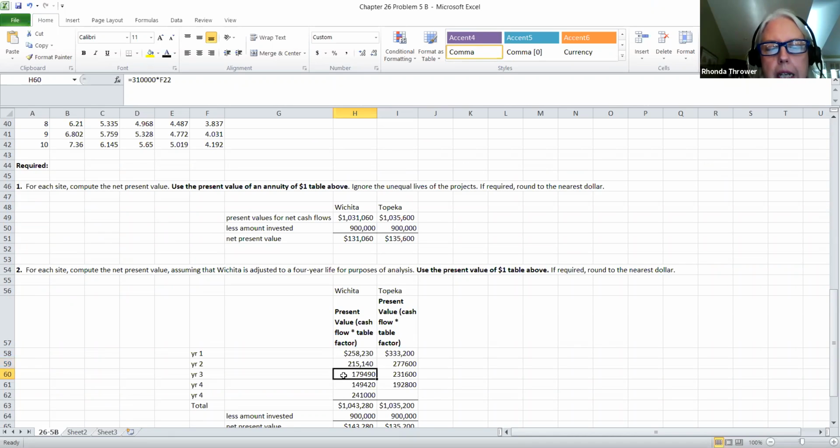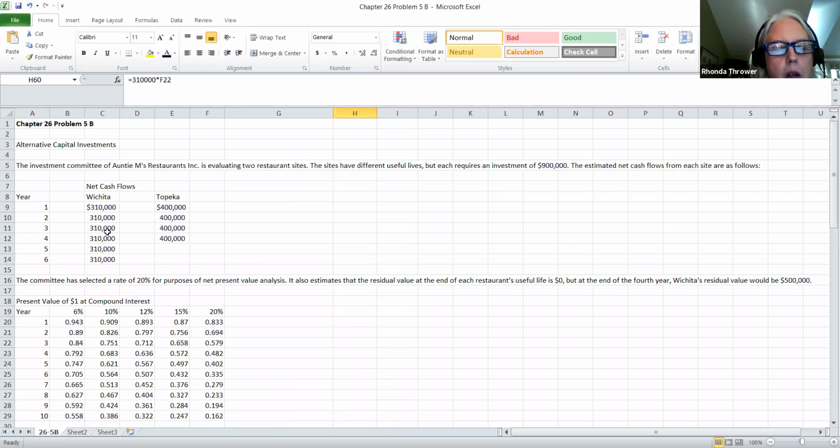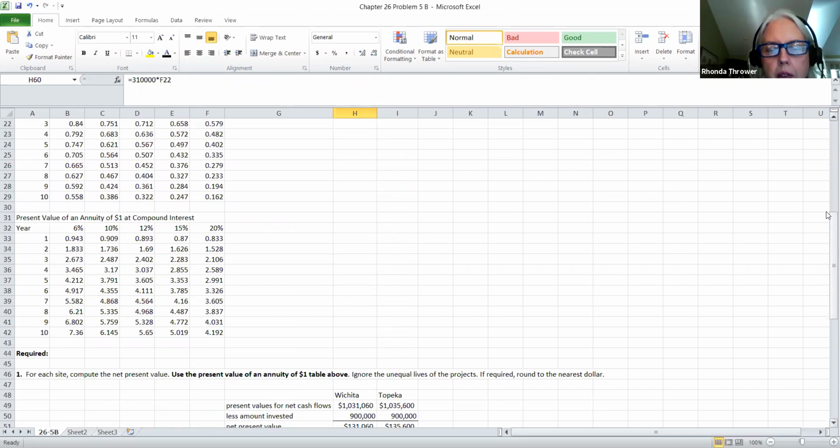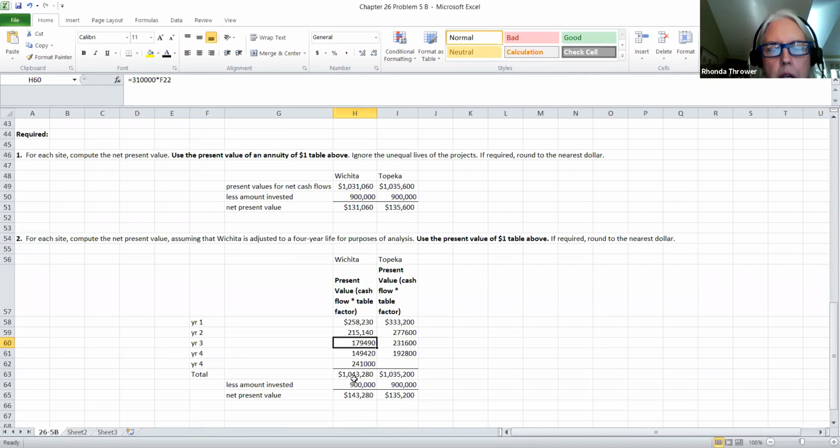For year 3, we're going to take the net cash flow, which is 310,000. We're going to multiply it by 0.579 in year 3. And that's going to give us the present value in year 3.